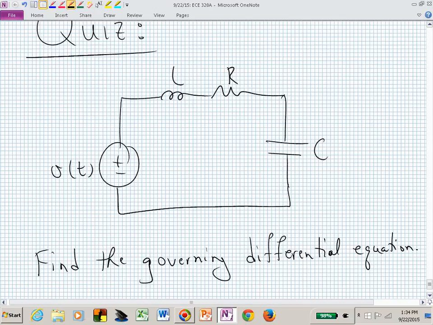What's the current-voltage relationship of a resistor? It's not that hard. I'm really asking you for Ohm's law. What's the time domain relationship of voltage and current on a resistor?